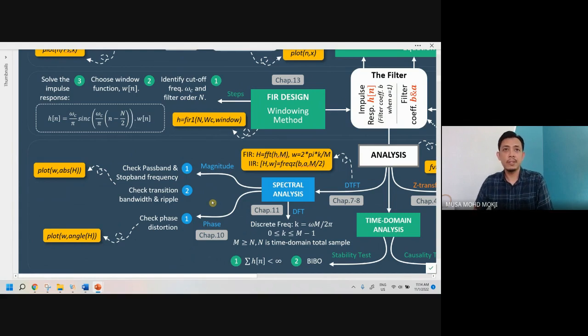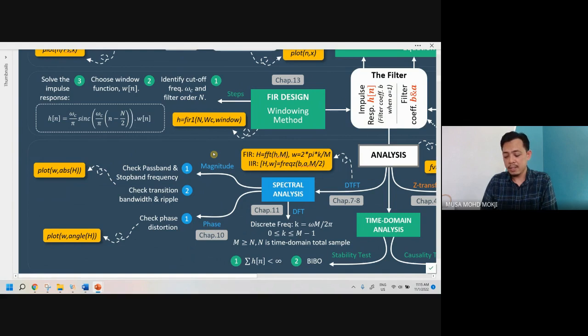Just today I will give you one example, the application of a crossover for a speaker. A speaker normally has 3 sub-speakers, or at least 2, and this is where we are separating the signal: one for bass, one for tweeter, at least two.